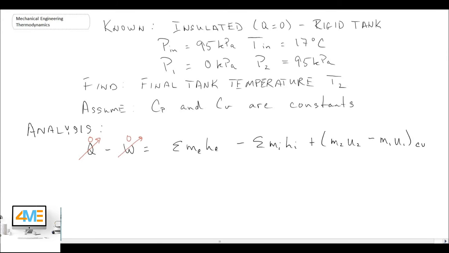And finally, mass is only flowing into the tank. So we only have mass flowing in, there's nothing flowing out. And that means that the term with the exiting mass goes to 0 as well. So with that, we can relatively quickly reduce our first law to something that looks like the following.